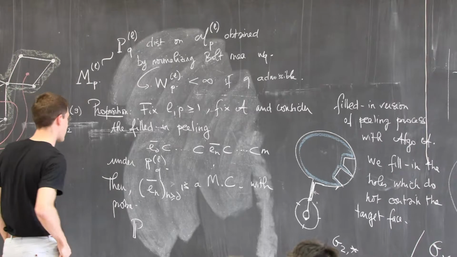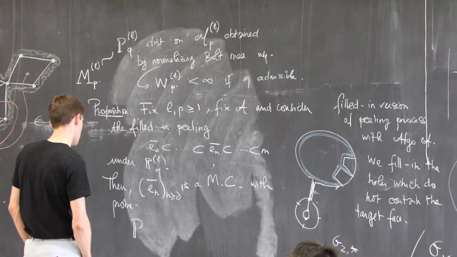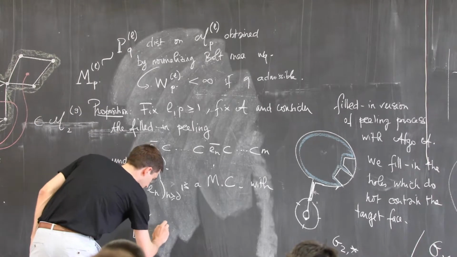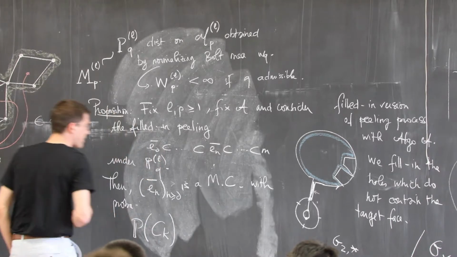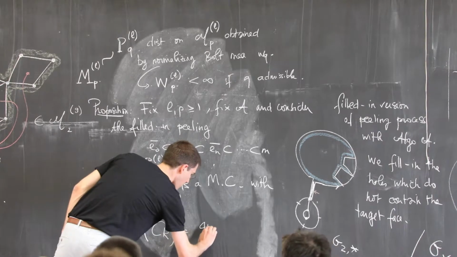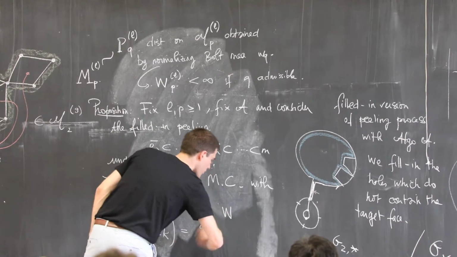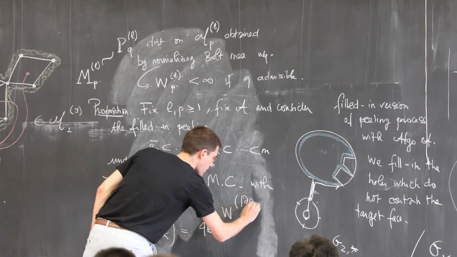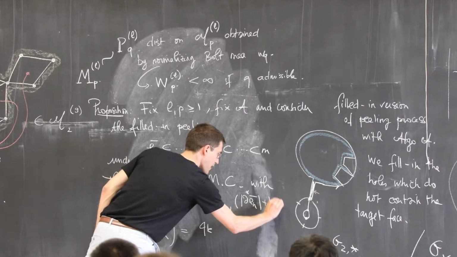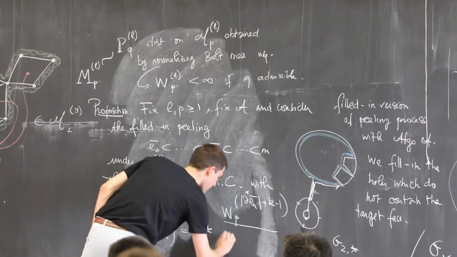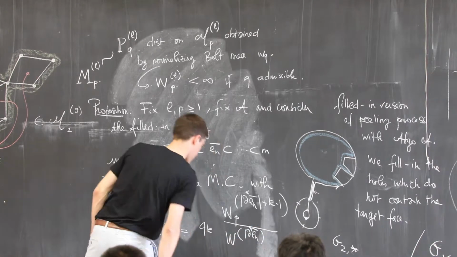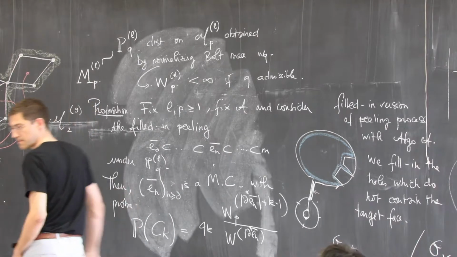I will write informally that way. You will understand, let's hope. The probability to see an event C_k at step n will be q_k times W of the perimeter that I'm currently exploring, plus p plus k minus 1 with the target p, divided by my current perimeter.